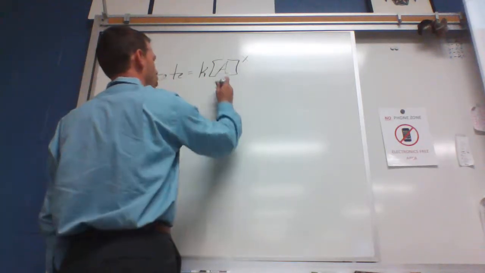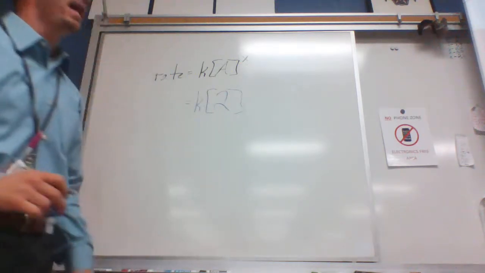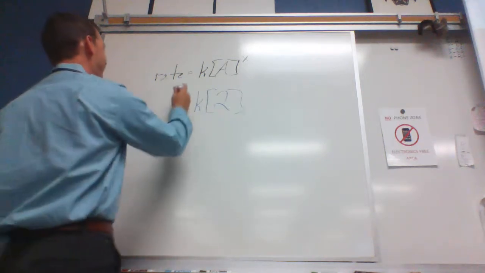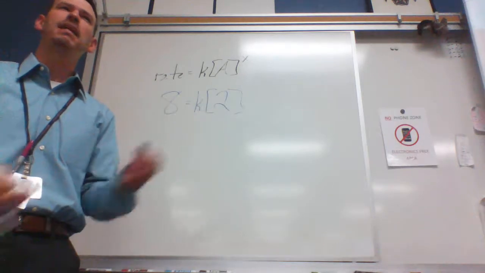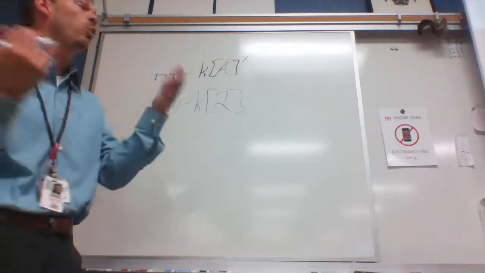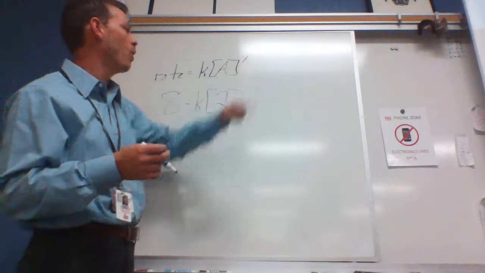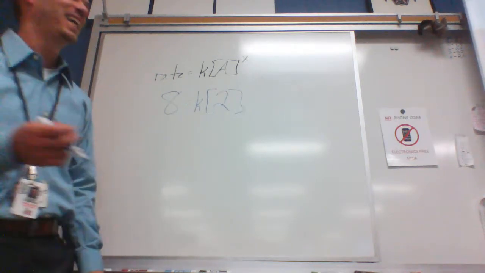It's times 2. And what happens to the rate? Times 8. It goes 8 times as fast. See how you can just translate it immediately into parts of the rate law that you're already familiar with? What's the question want to know? The order. What is the only possible answer? 3.